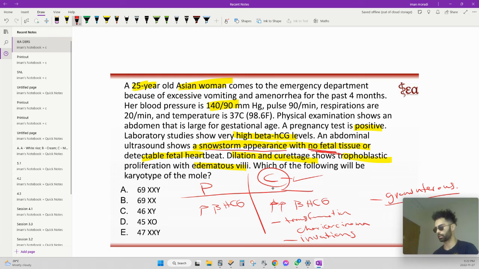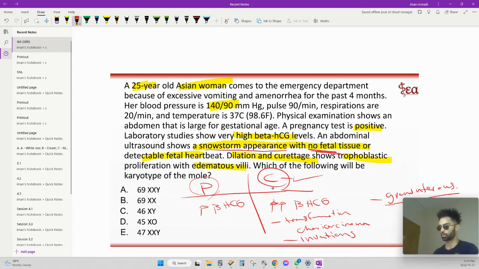So basically, the way you differentiate them is, the partial mole has partial baby parts, like parts of fetuses. The complete one has a snowstorm appearance and a higher chance of transformation to choriocarcinoma and invasion in general.